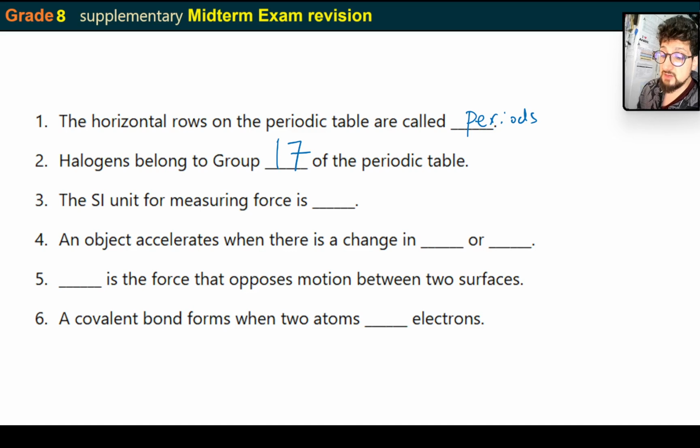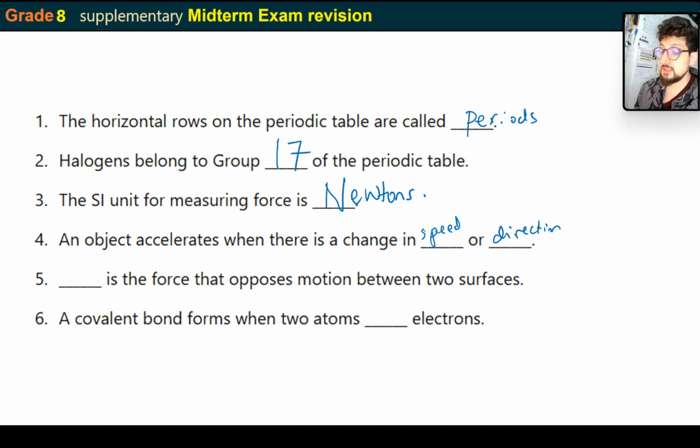The SI unit for measuring force is newtons. Okay? An object accelerates when there is a change in what? A change in speed or direction. Okay, so if an object is traveling at a certain speed and it slows down, that's called acceleration.